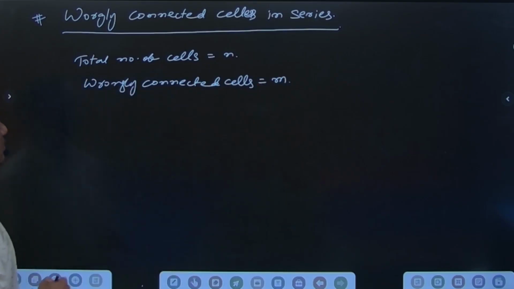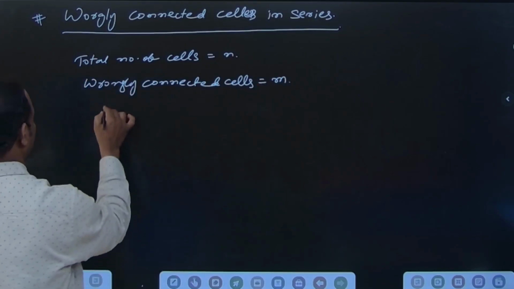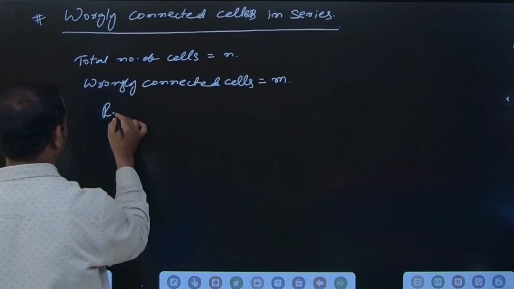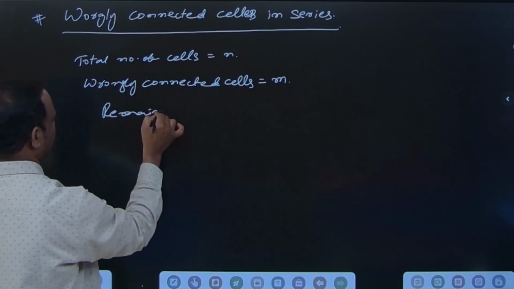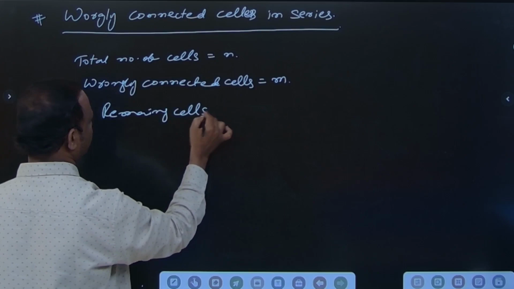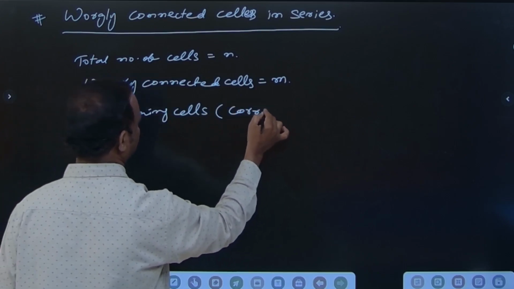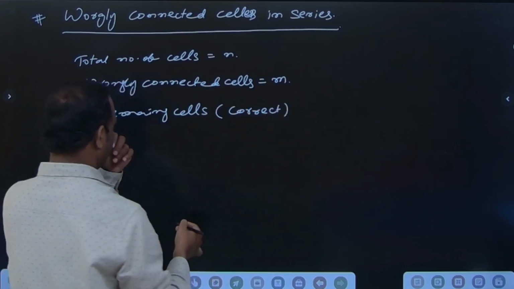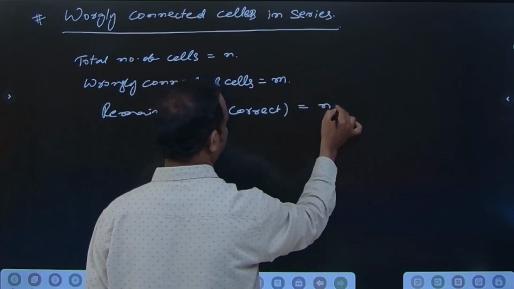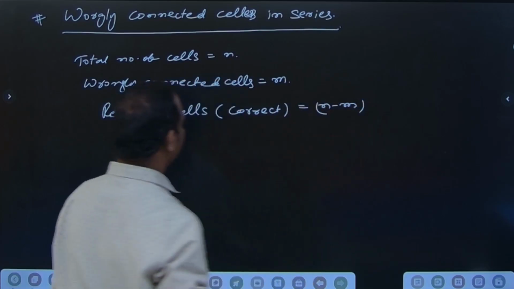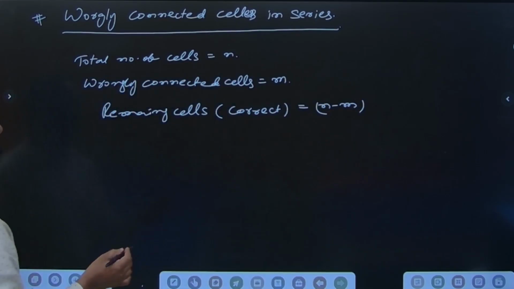So the remaining cells, meaning correct connection, are n minus m.